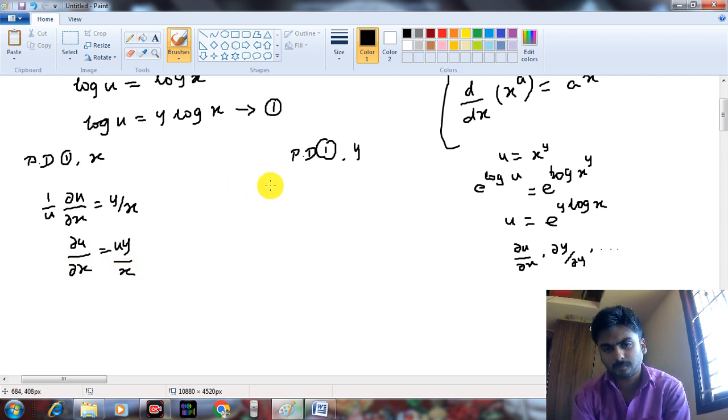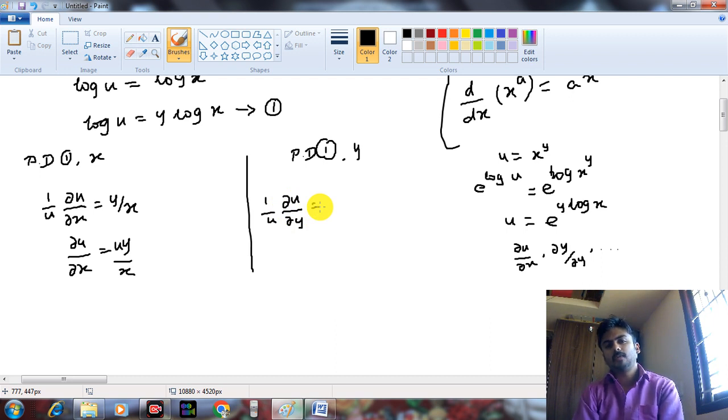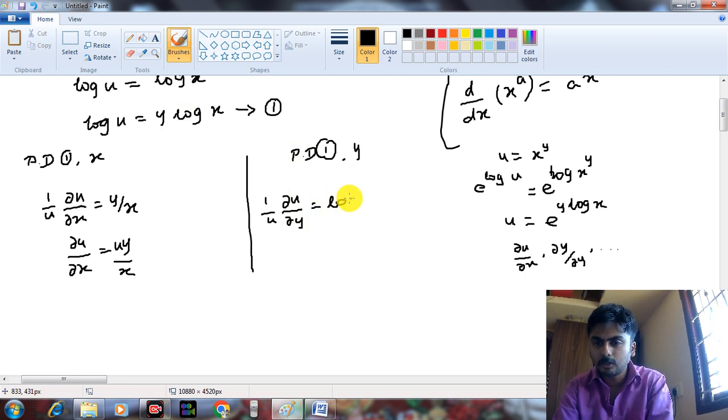And here we will have 1 by u ∂u/∂y equal to, so with respect to y we are differentiating, so this can be differentiated to give 1 by u ∂u/∂y on left hand side, that is equal to, here what is constant, this x, log x is constant, so we get only log x because y will become 1 on differentiation, so log x.